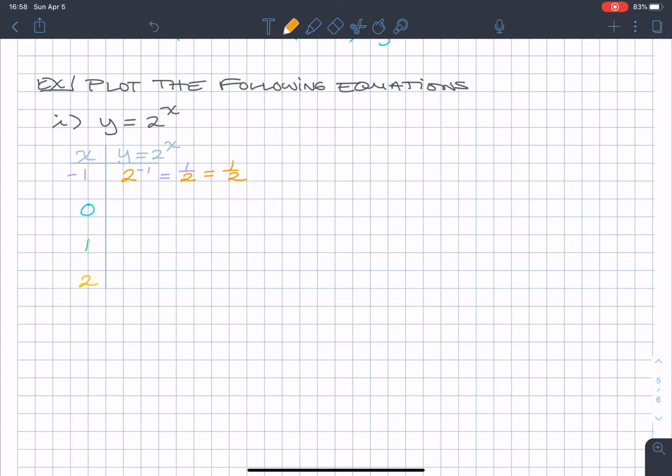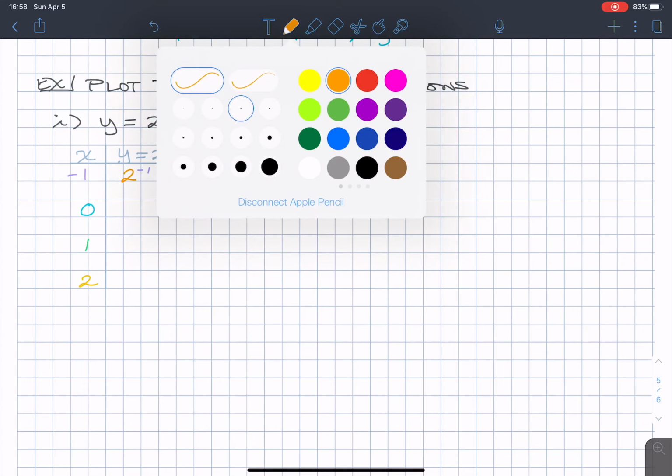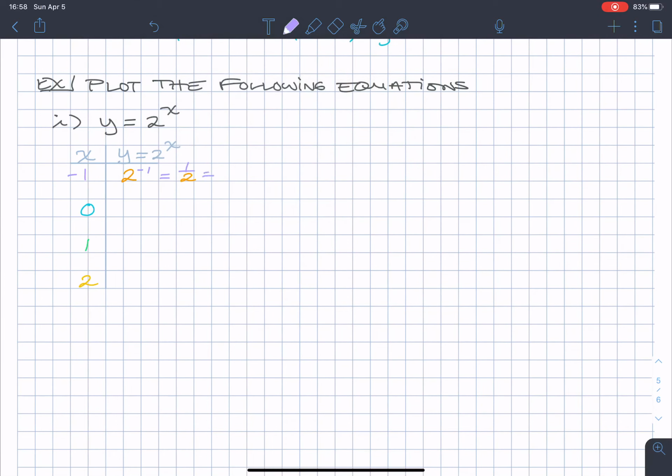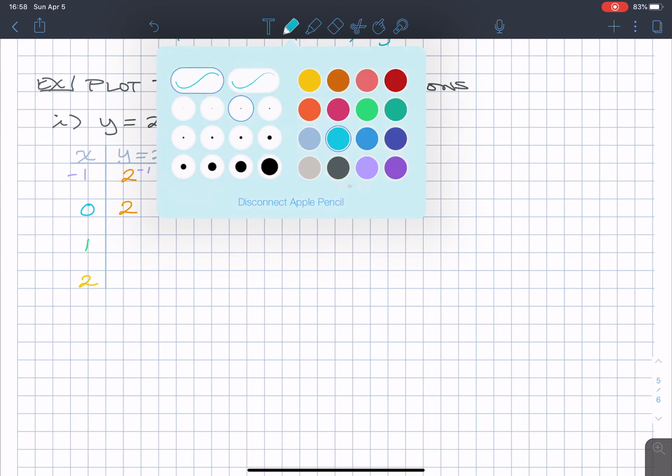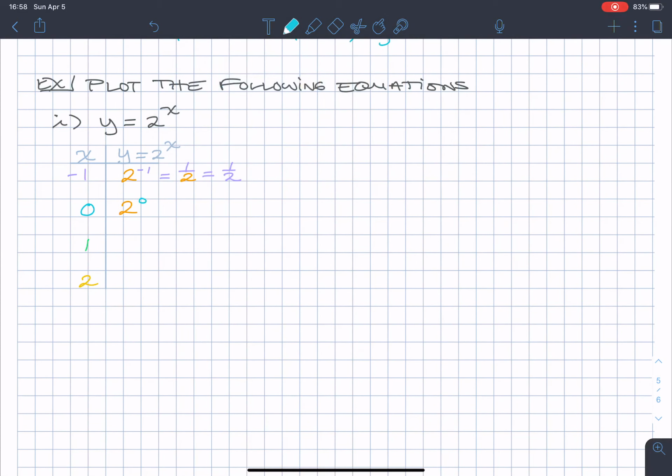Then I'll have, actually let me write that in purple. And I'll show you why in a moment. Then I will have 2 to the 0, if I plug in x is equal to 0. Okay, so what does that give me? That gives me 1, right? Anything to the 0th power is 1.